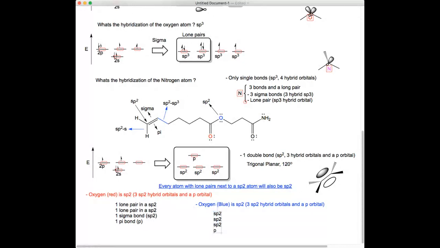Because we assign sp2 hybridization, there will be 3 sp2 hybrid orbitals and 1 p orbital around this oxygen. How many sigma bonds do we have in this oxygen? According to the drawing, 2 sigma bonds, right? So one sp2 is going to be used for 1 sigma bond.